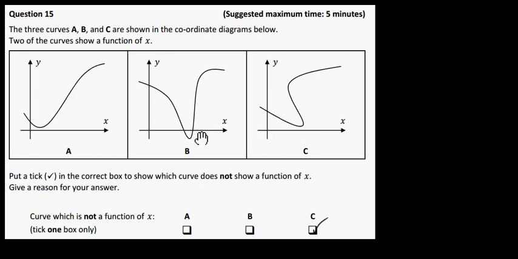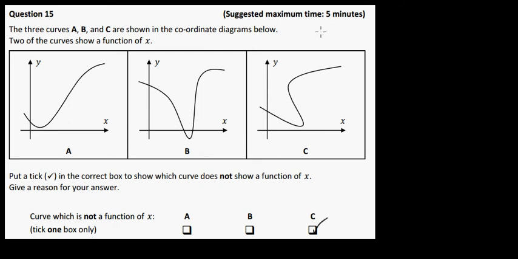Each input will only have one output. So in this particular case you can see that your inputs are your x values and your outputs are your y values, if you like. So if we take any input along here, it will only have one output. Each input here will only have one output, will only have one y value.